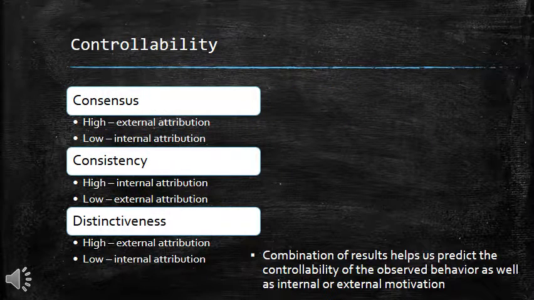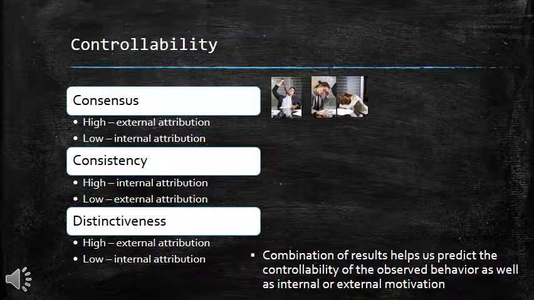Using covariation of these factors helps us determine and predict controllability as well as internal or external motivation of one's behavior. According to Kelley, there are 8 possible combinations of these outcomes. In Ed's case, since everyone else seemed bored at the staff meeting, the consensus was high.